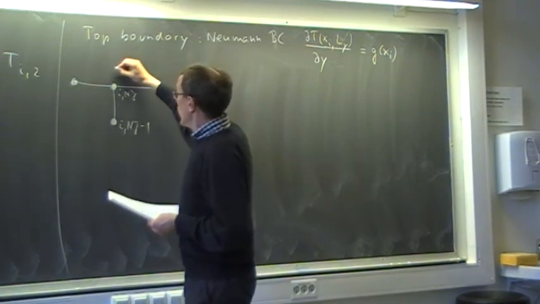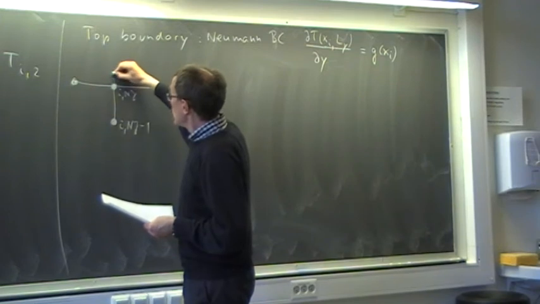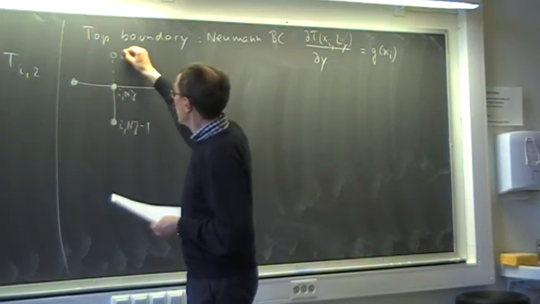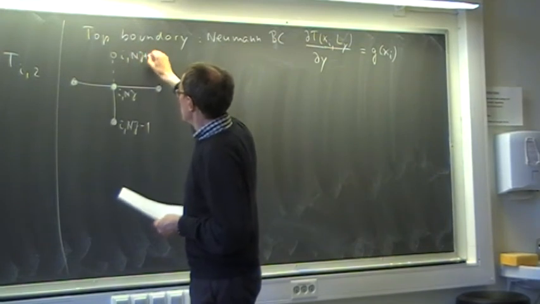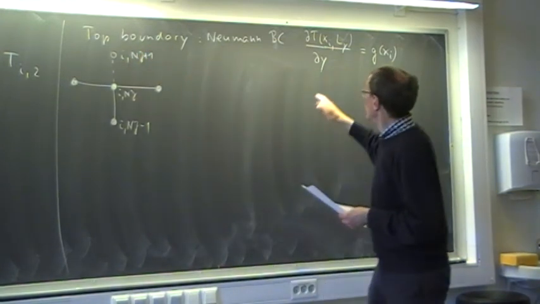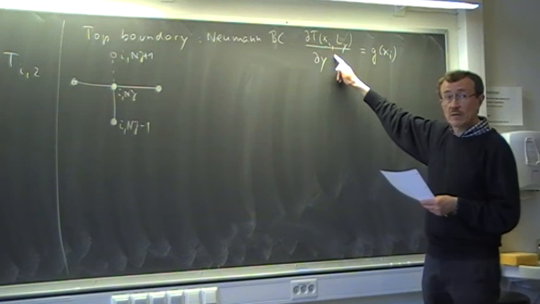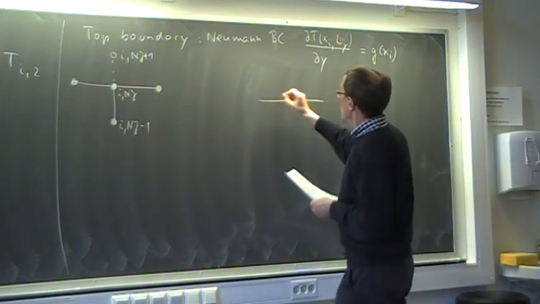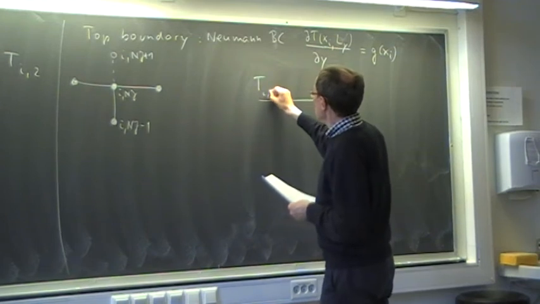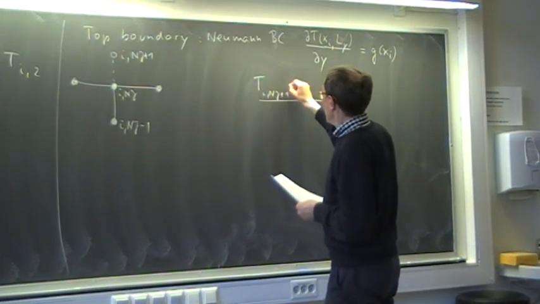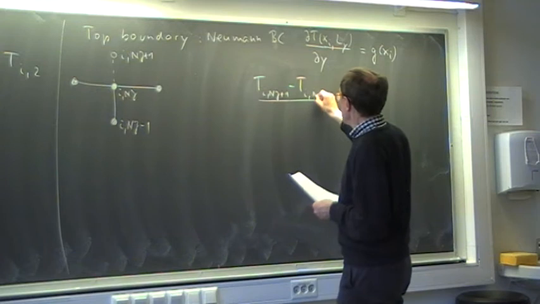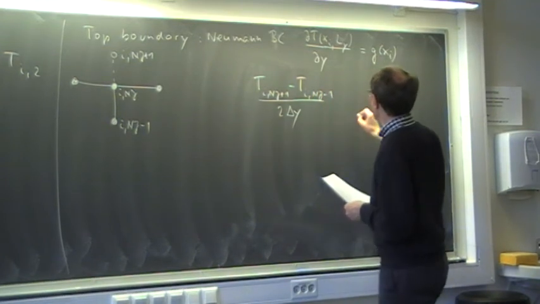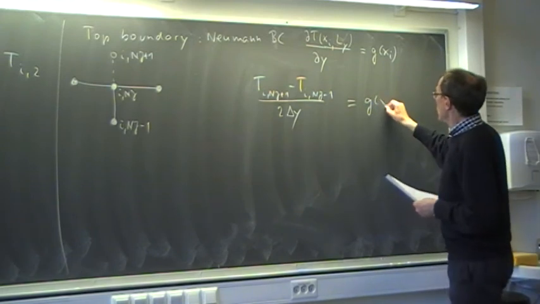But what we also need is a point i, nj plus 1, when we want to do this discretization by a central difference. So we approximate this by (T i,nj+1 minus T i,nj-1) divided by 2 delta y is equal to g of xi.